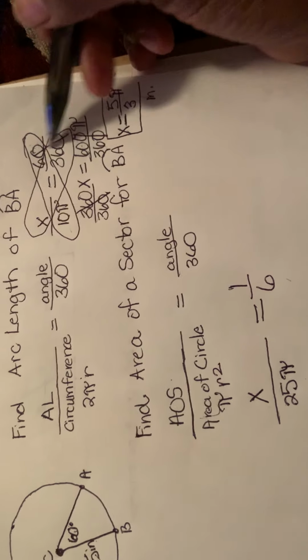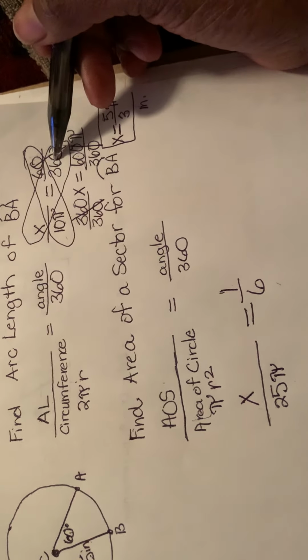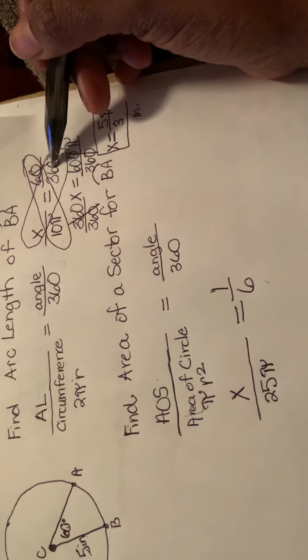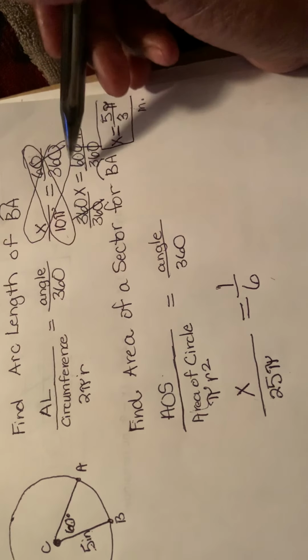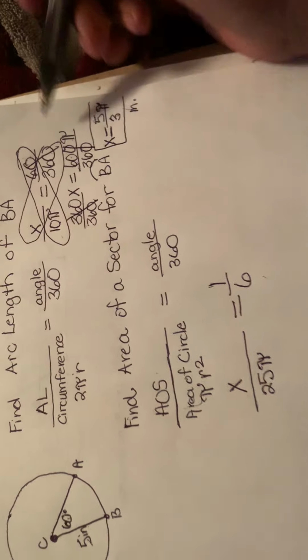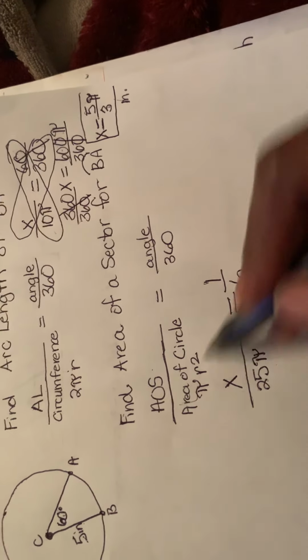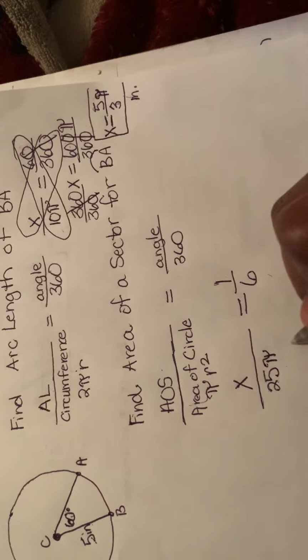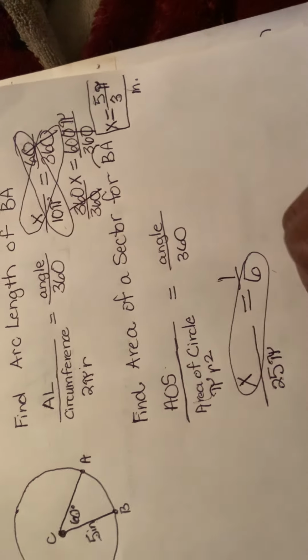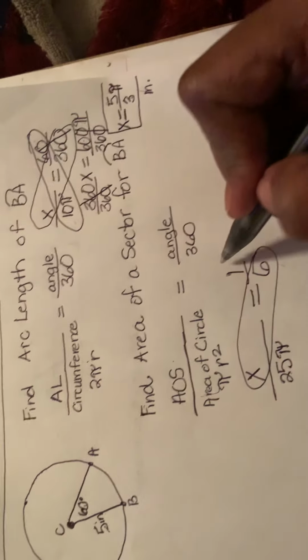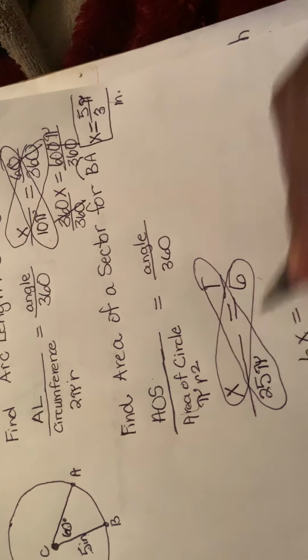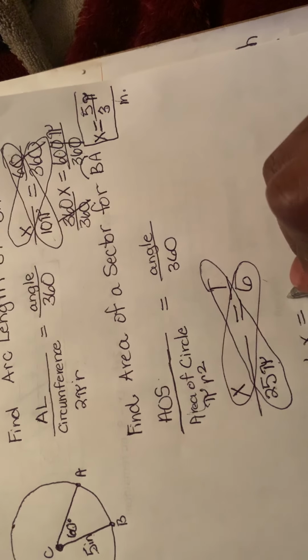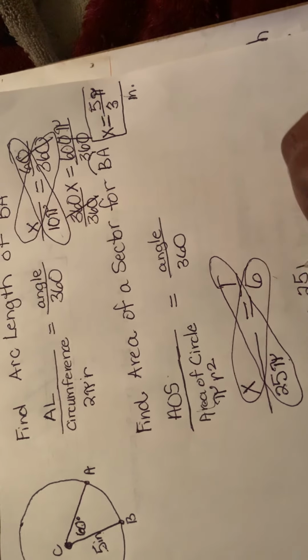So I just simplified that fraction of 60 over 360. You do not have to do that. If you have a calculator, you can just go ahead and cross multiply like we did the first time. All right, so when I cross multiply here, I will get 6 times x is 6x, and 25 pi times 1 will give me 25 pi.